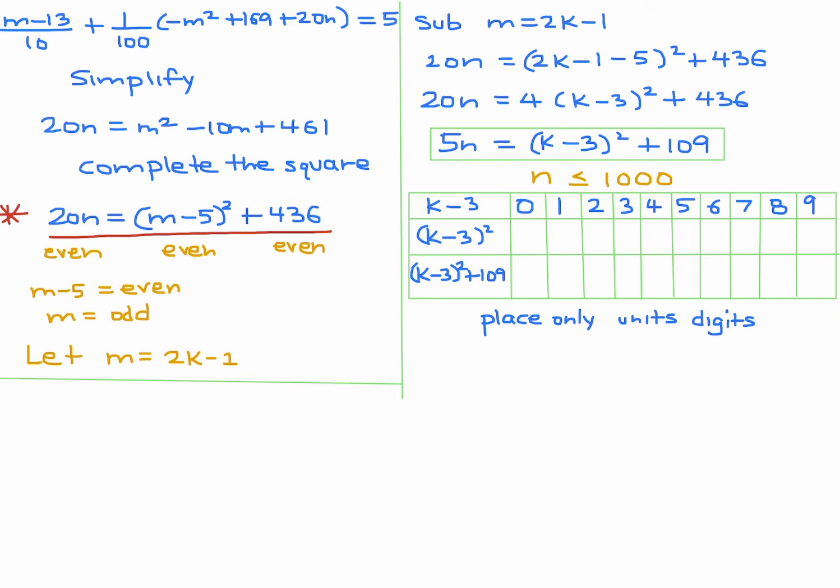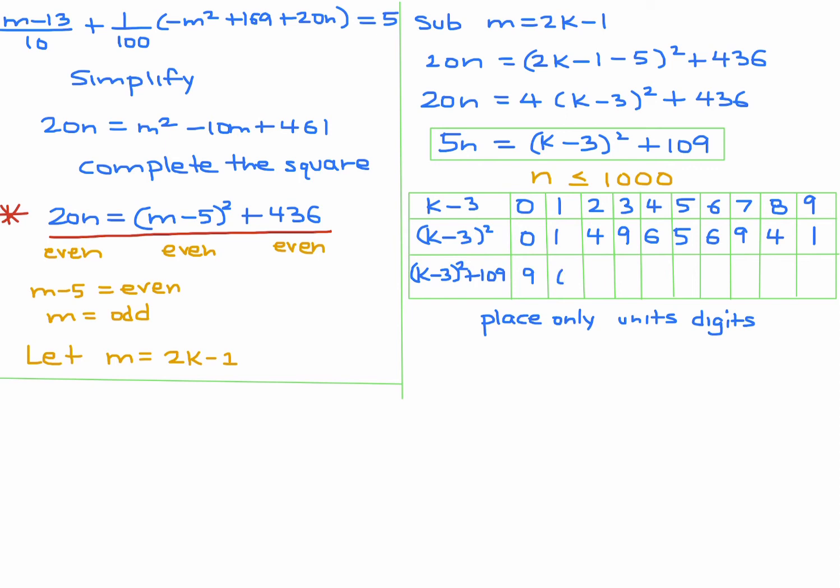Well, the units digits then become 0, 1, 4, 9, 6, 5, 6, 9, 4, and 1. Okay, what happens when I add 109?